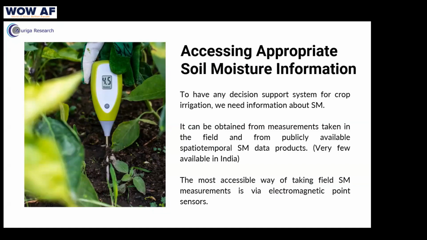Now, this decision support today is available in several Android and iOS apps also, where you are asked to put the date of sowing, and from there on the app tells you, depending upon various climatic conditions and the soil moisture in that area.